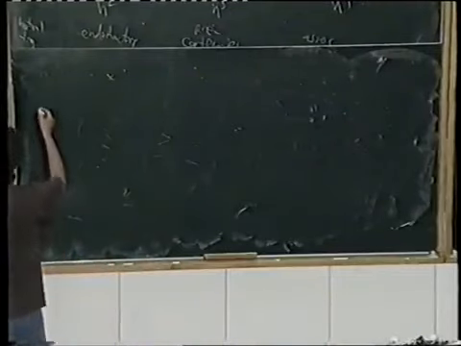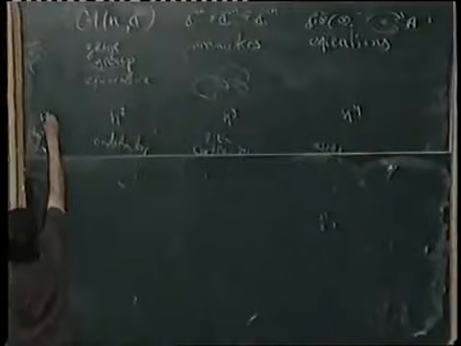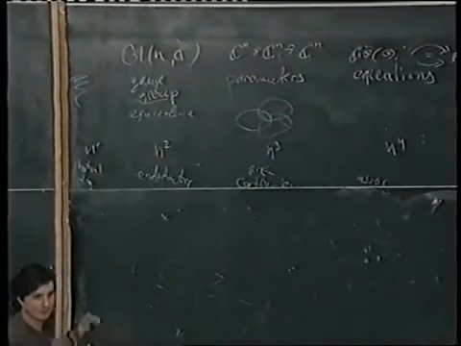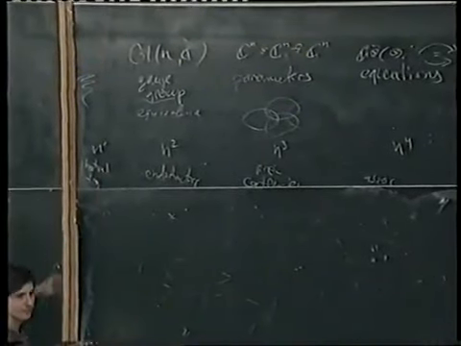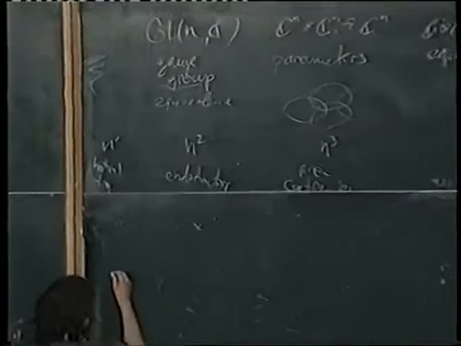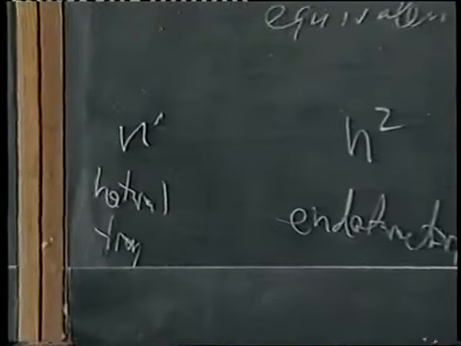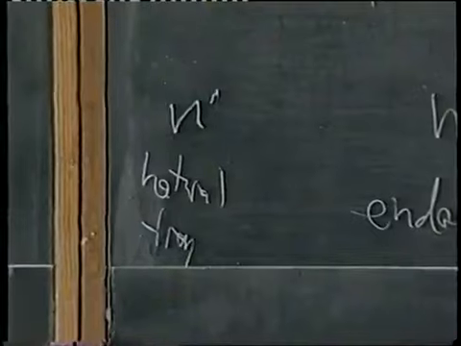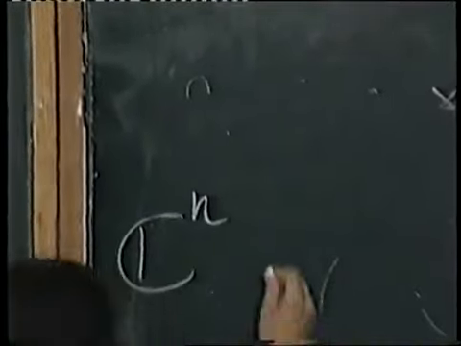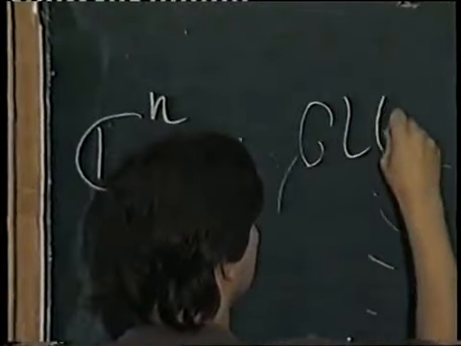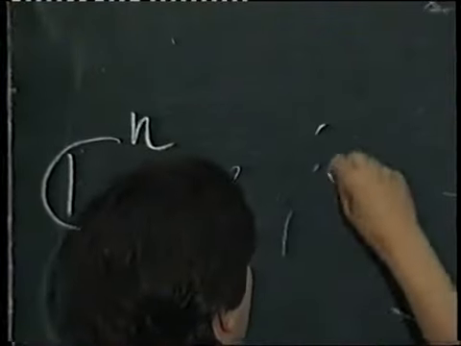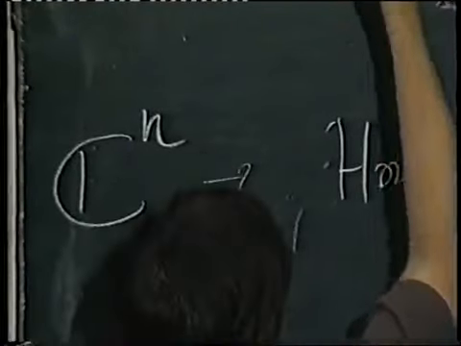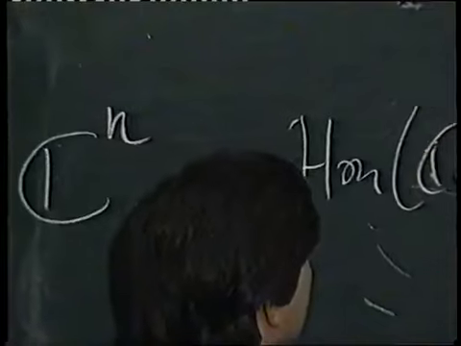So here's a picture. So you see there's something missing here. This n to the first power. Maybe n to the zero, but I don't know. So you get Cn. Let's consider the tangent space to these things. We get Hom(Cn, Cn).